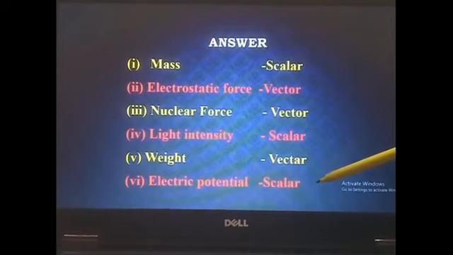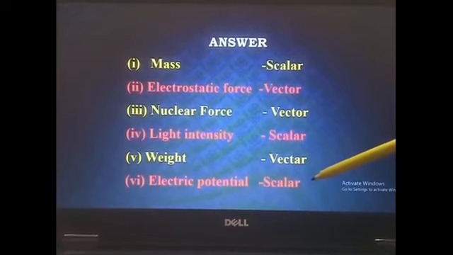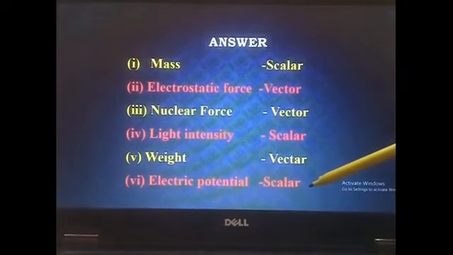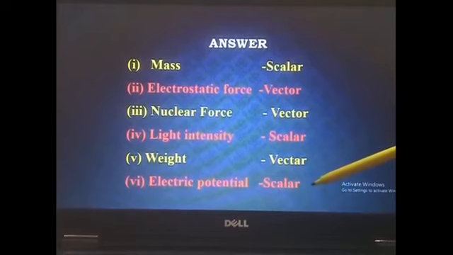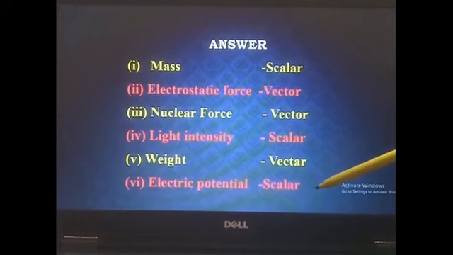In the chapter on electric current, we have seen that electric potential is the ability of any electric field to carry a unit positive charge from infinity to a particular point in the electric field. So that is also magnitude, not direction. That is why electric potential is a scalar quantity.